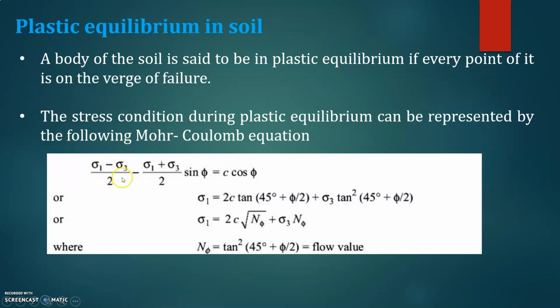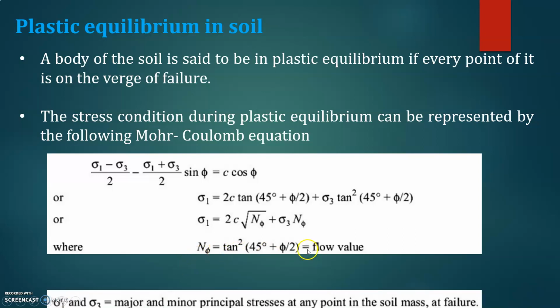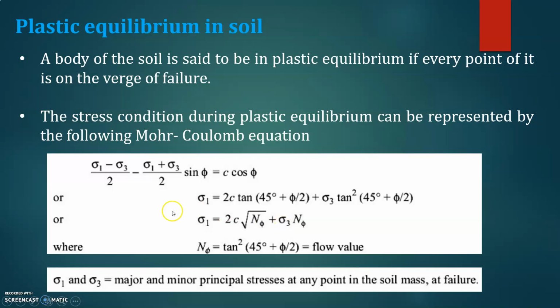(sigma 1 minus sigma 3) divided by 2, minus (sigma 1 plus sigma 3) divided by 2 into sin phi, is equal to C cos phi. Here sigma 1 is given by this formula: sigma 1 equals 2C tan(45 plus phi by 2) plus sigma 3 tan squared(45 plus phi by 2). Now, what is this sigma 1?